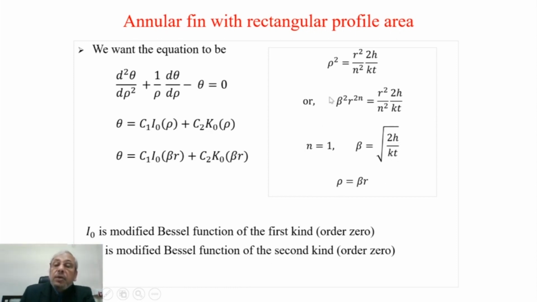And obviously rho, because we took rho as beta r to the power n, becomes beta r.